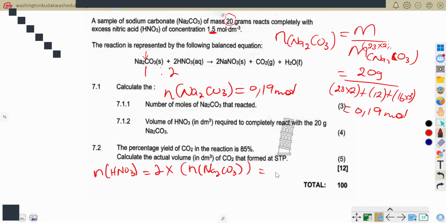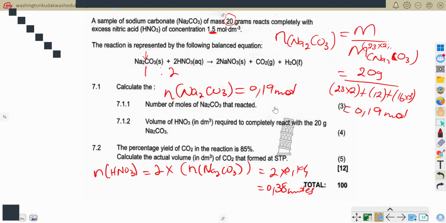If I multiply 2 and 0.19, I get 0.38 moles, because I'm saying 0.19 times 2. That is 0.38 moles.